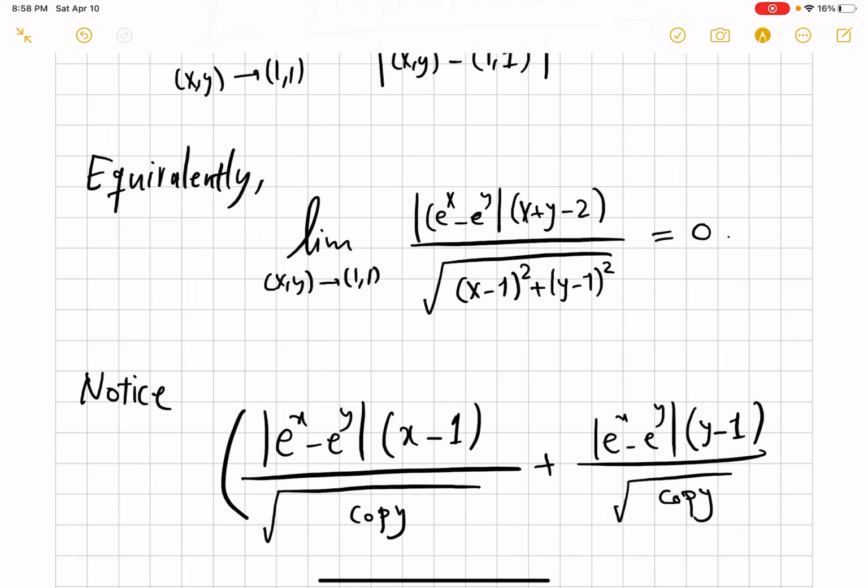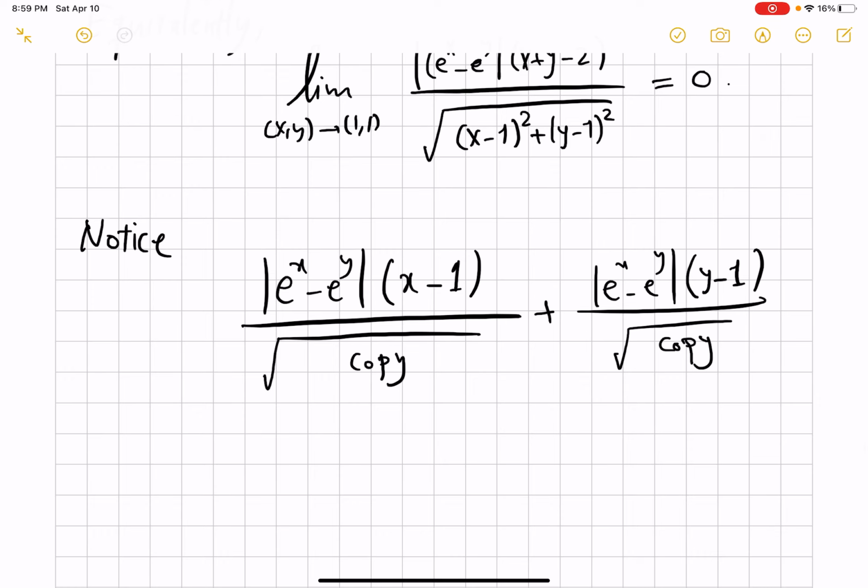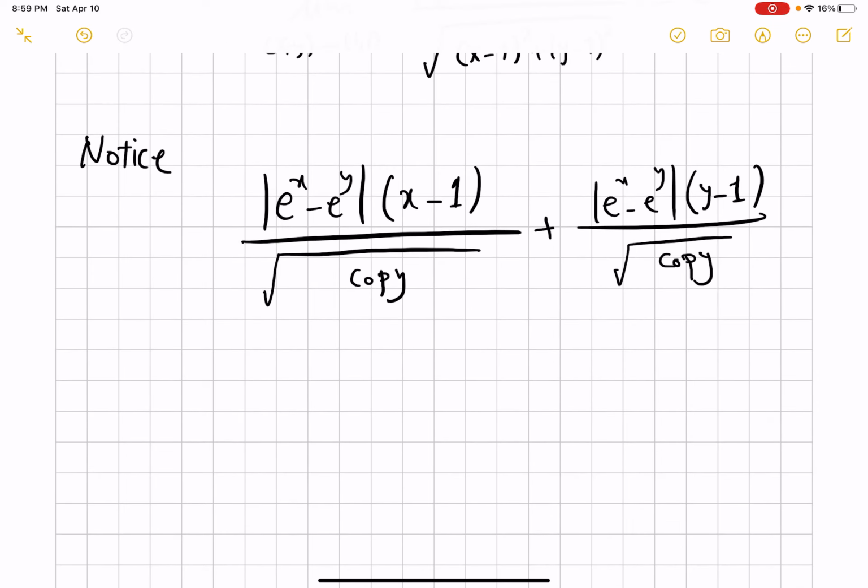And now the reason for doing this is that I actually can show individually that these limits are 0. So let's consider the first limit up here. This equals my fraction.